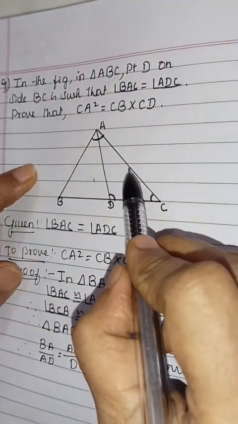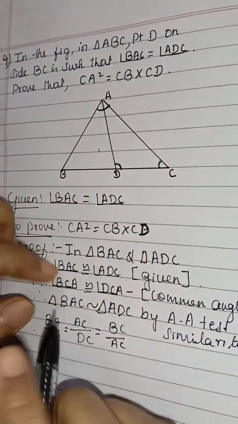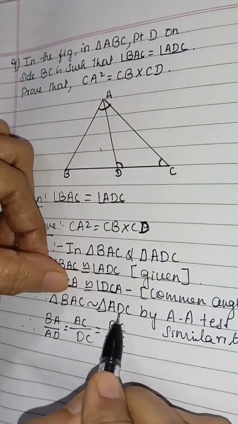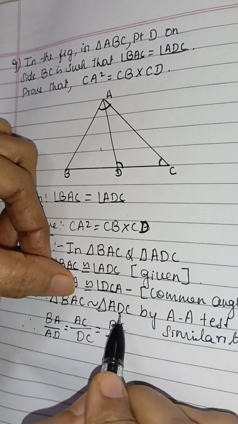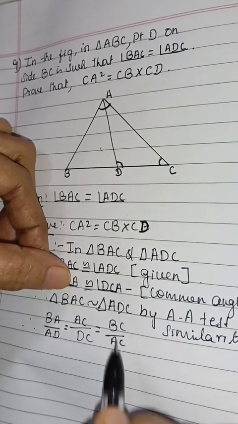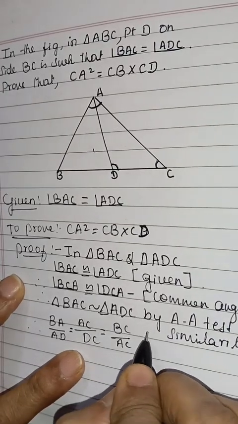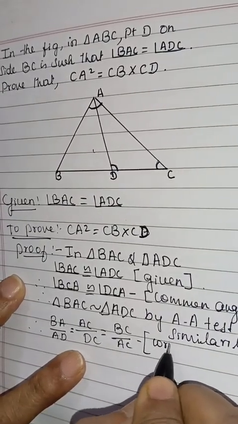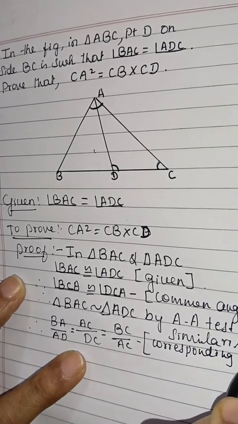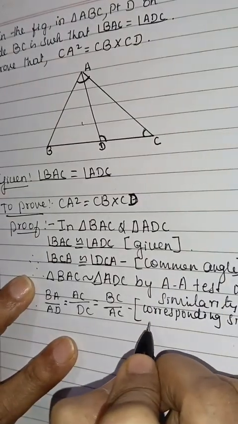Otherwise from the figure you have to write. It is easy to write from these two. Triangle BAC, BA by AD, AC by DC, then BC by AC. These are corresponding sides of similar triangles.